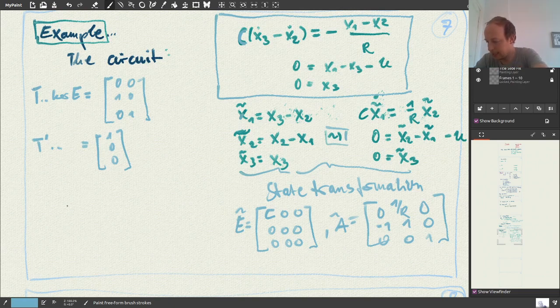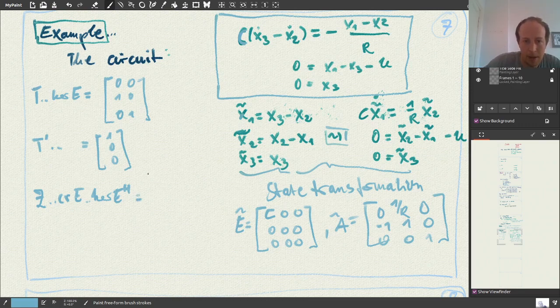Then we need the Z, which is the co-range of E, which is the kernel of E H. Since this is symmetric, this will be just the same here. This will be 0 0 1 0 0 1.